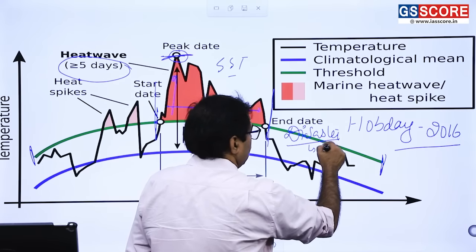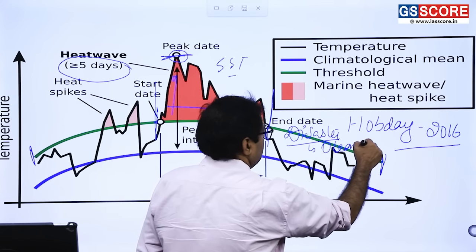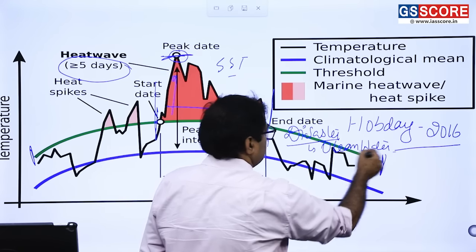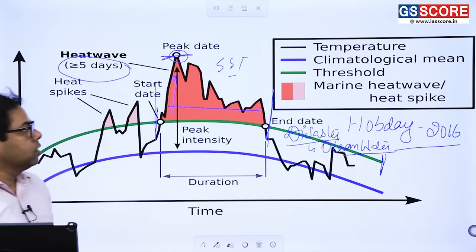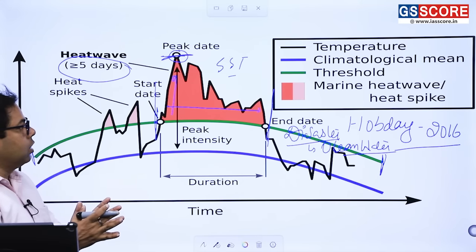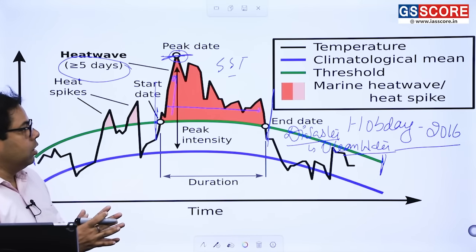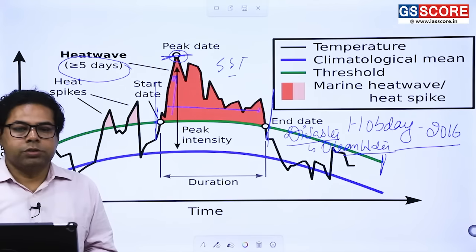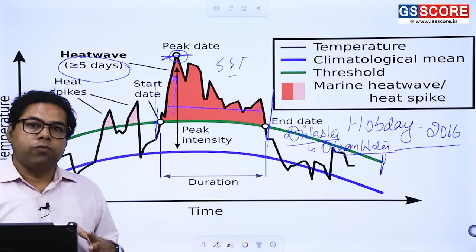This temperature rise has been recorded due to certain factors.